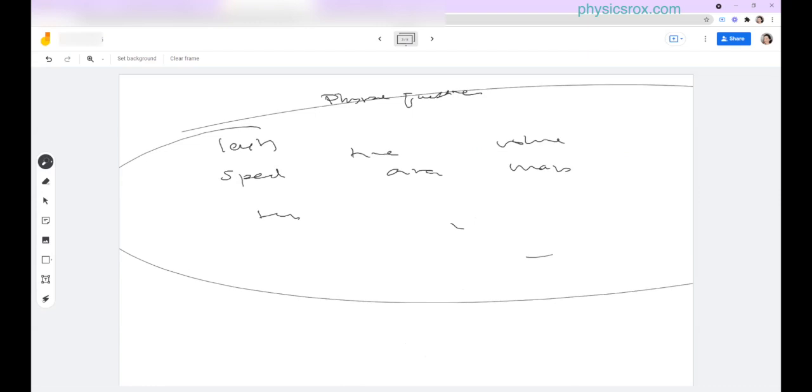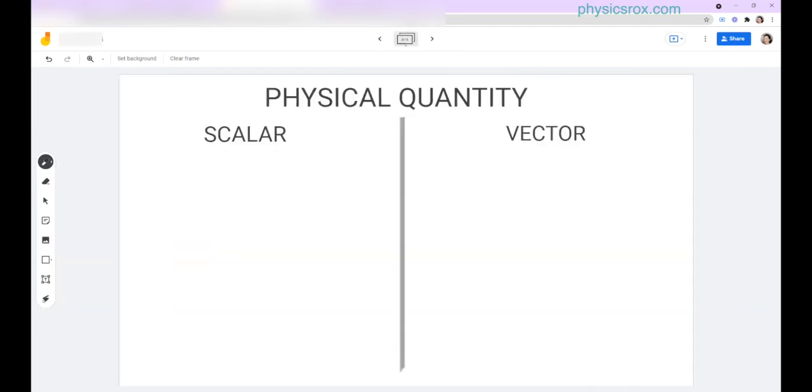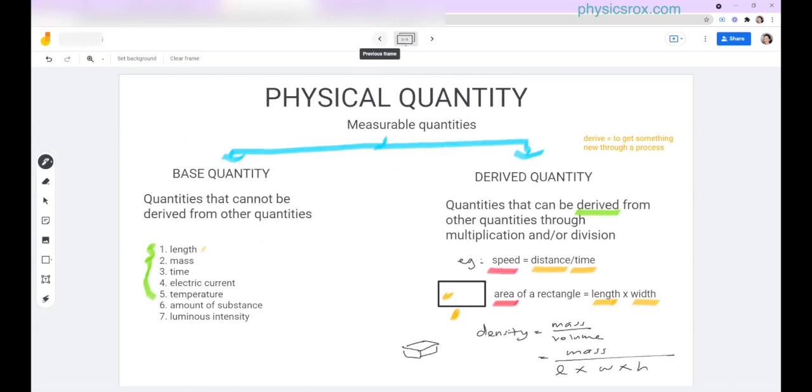Some boys like physics, some girls like physics, some don't. Or who likes red, who likes sports. So with many physical quantities, we have different ways of dividing them. Scalar and vector is not related to base and derived. It's a different way to divide.